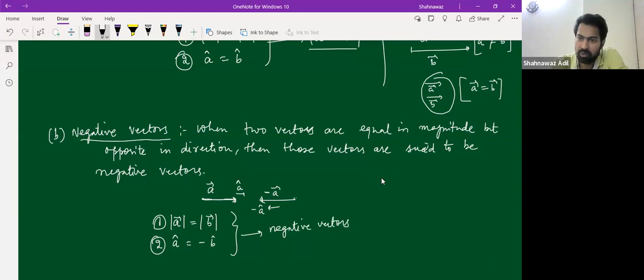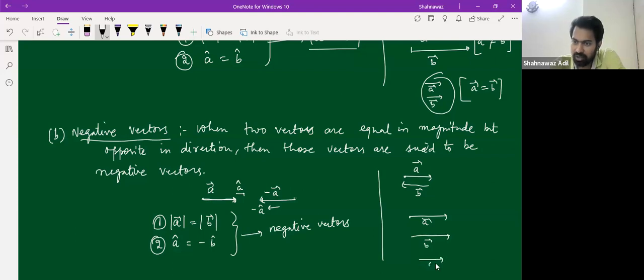Okay, so let us again understand this diagram. So you have these figures. Let's say this is vector A, and this is vector B. So are these negative vectors?